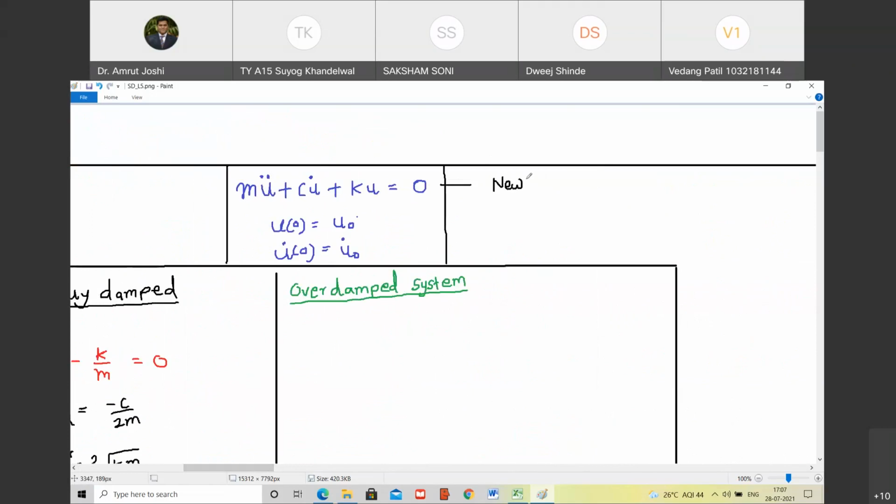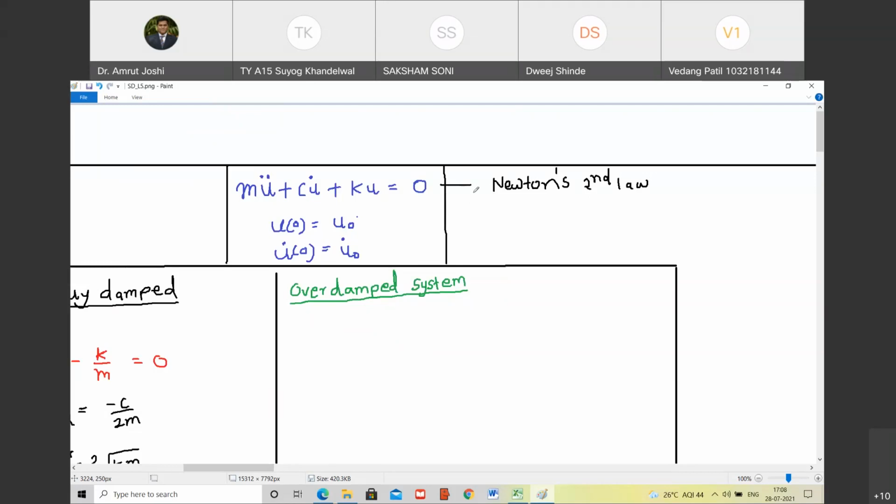We are not doing anything more than applied mechanics. We have simply applied Newton's second law to the free body diagram of the mass at time t, and we have written down this equation. So this is the equation of motion obtained from Newton's second law. The same equation can also be obtained by D'Alembert's principle. Are you with me?